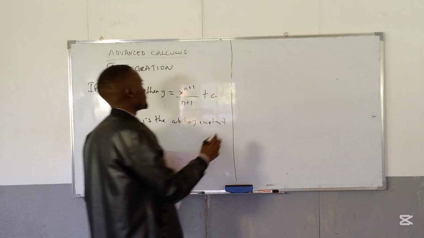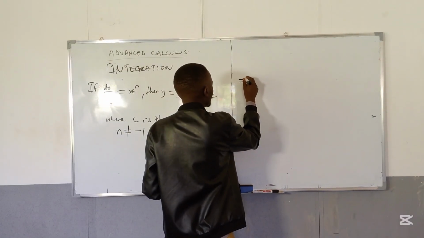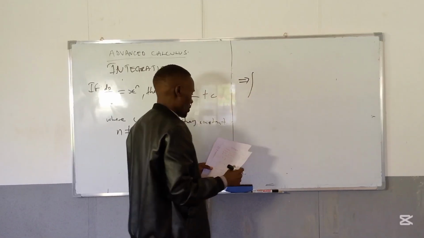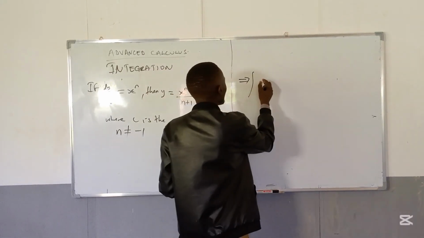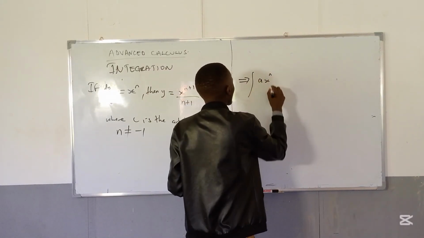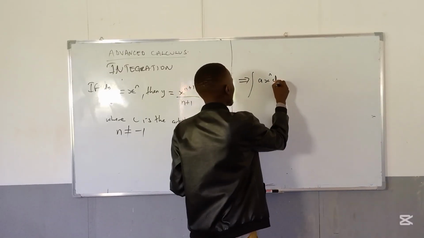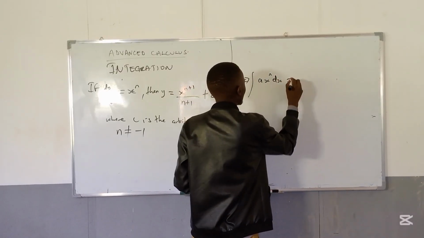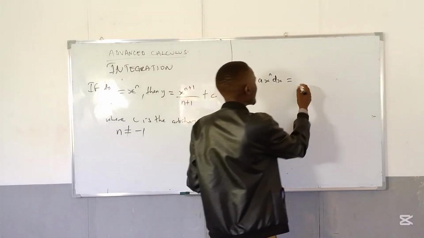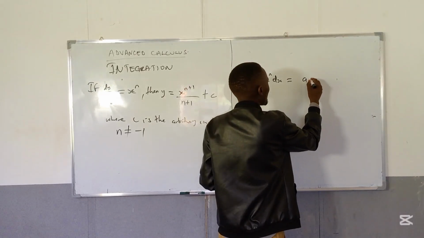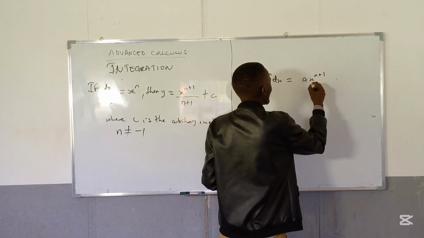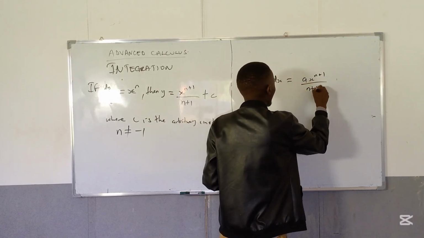Therefore, the integral of x power n with respect to x is the same as x power n plus 1 over n plus 1.